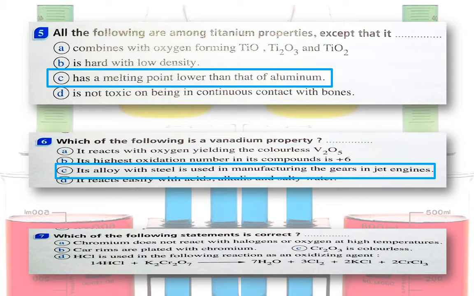HCl is used in the following reaction as an oxidizing agent: 14 HCl and potassium dichromate K2Cr2O7 give 7H2O, 3 Cl2, 2 KCl and 2 CrCl3. So the right answer will be: car rims are plated with chromium. Chromium makes a protection for the metal, or for the car rims.